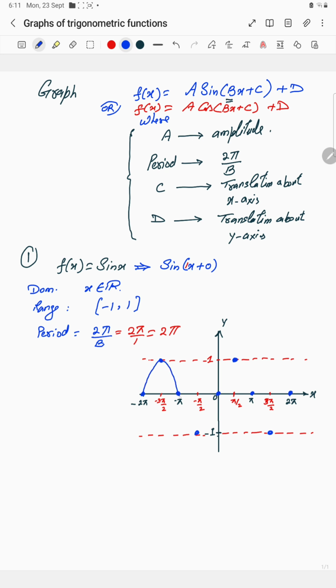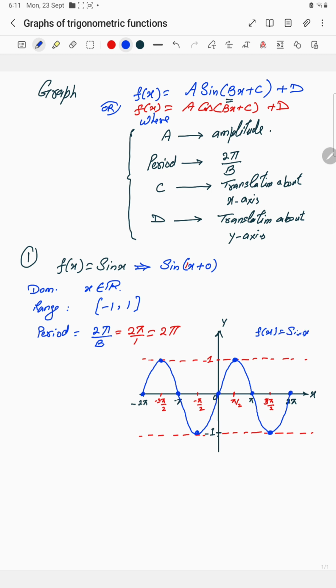You will see the shape like this. This is the curve for f of x equal to sine of x.